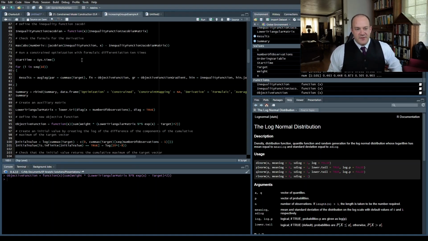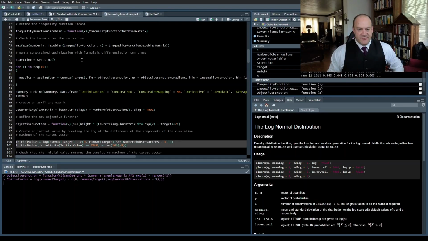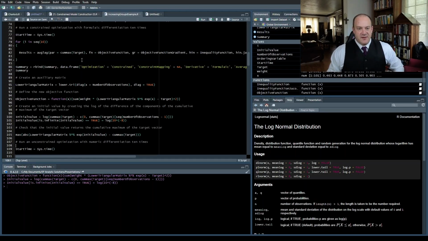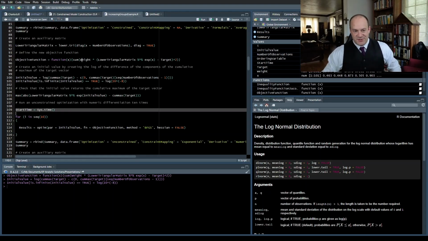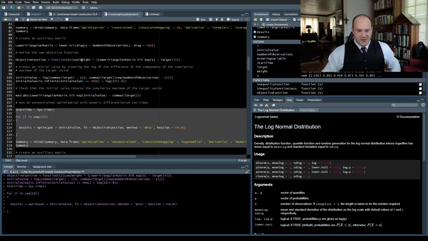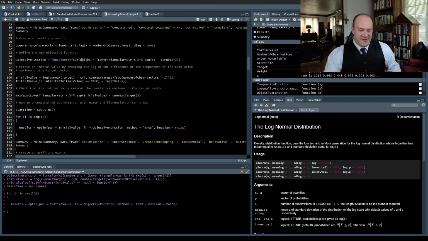That's our new objective function. Create our initial value here. And again, we're just going to run this guy, and we're not even going to worry about numerical or formulaic differentiation. We're just going to let it run numerically and see what comes out of this thing. So that thing is going about its business right now, and we'll see what happens there.